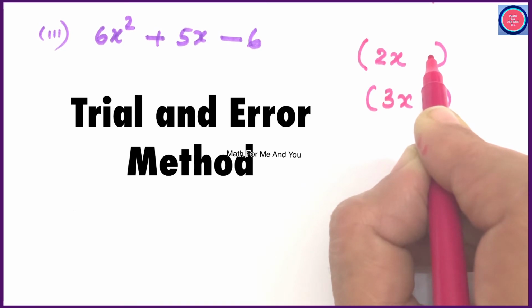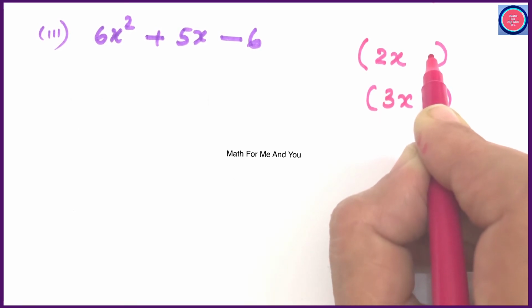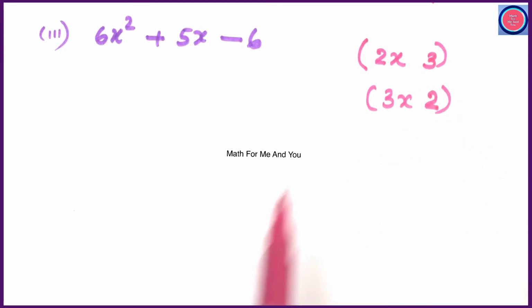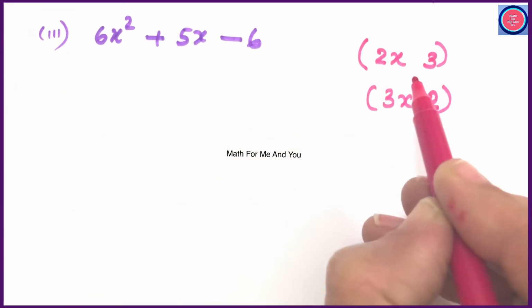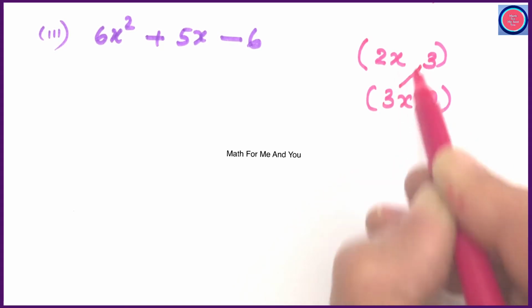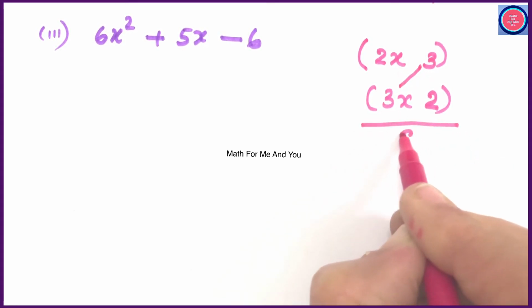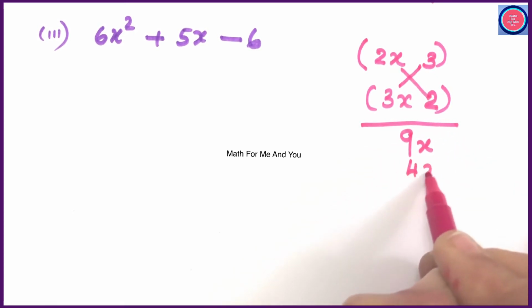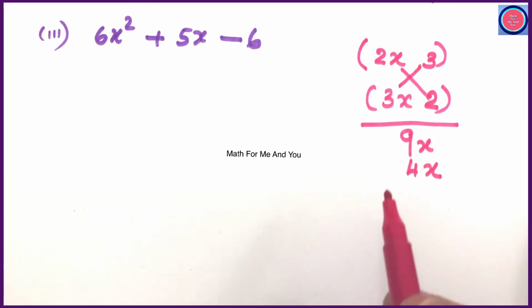For that, if you want, you can put 1 and 6 or 2 and 3. I'm going to put 2 and 3. When we cross multiply, if we get the x term as 5x, we can say this is the correct pair. For that, we are going to cross multiply. 3x times 3, 9x. 2x times 2, 4x. And we know that 9x minus 4x is 5x.